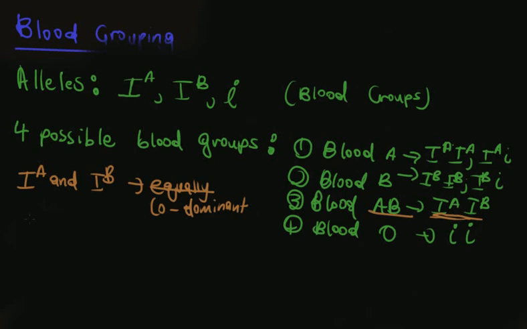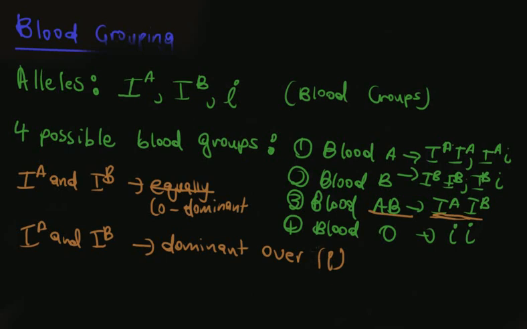Then, another thing, we have to know that both A and B are dominant over small letter i. Why do we say that?